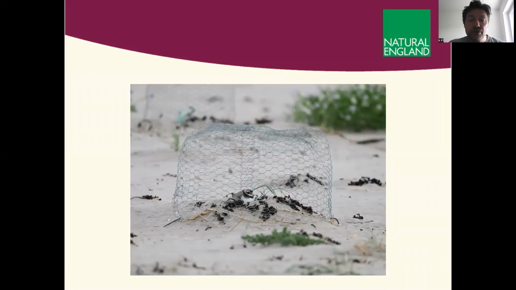So we tend to have a hands-off approach to the bulk of our shorebird breeding activity, but we do intervene when necessary. So these anti-corvid ringed plover igloos prove particularly successful when you get a persistent carrion crow or jackdaw incursion.